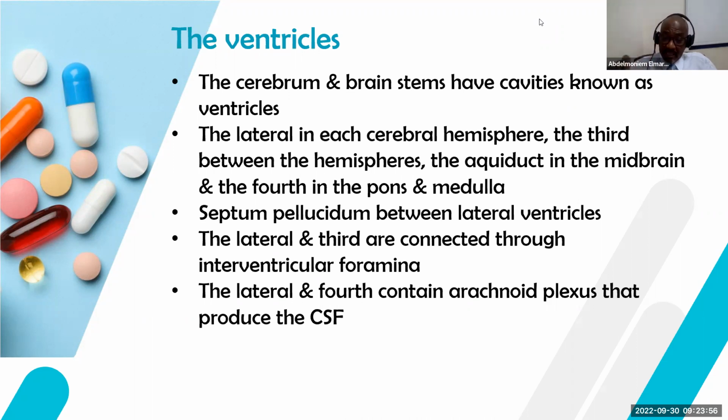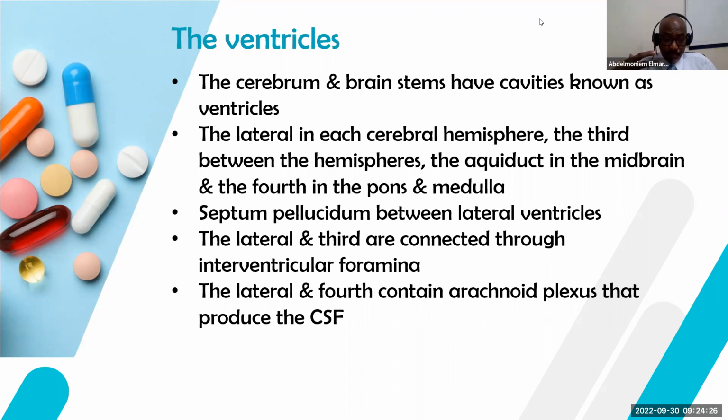There is something called the arachnoid plexus, mainly in the lateral and the fourth ventricle. But you will find an extension of the arachnoid plexus of the lateral ventricle through the interventricular foramen, residing in the third ventricle.